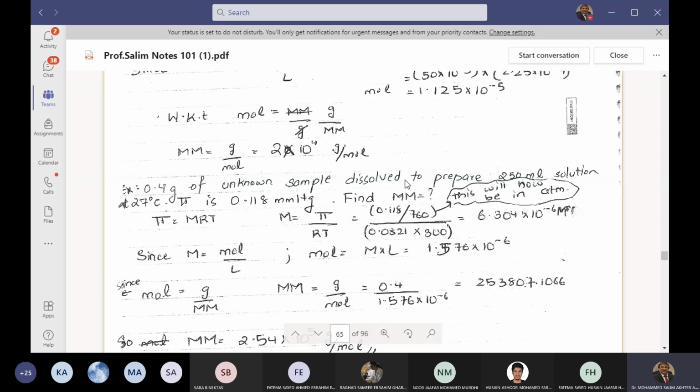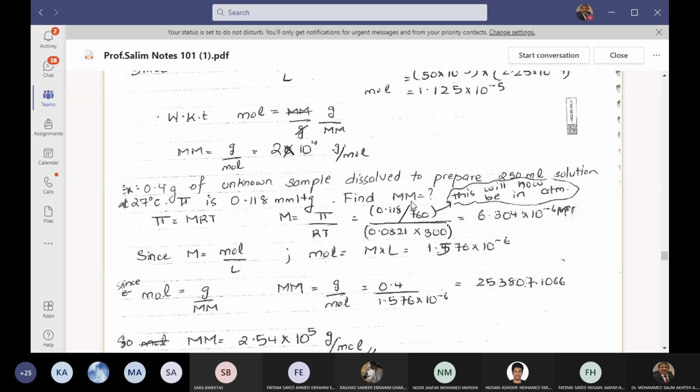Write it down completely, in water. My friend, whenever I do the correction, please do it. In water to prepare 250 ml solution at 27 degrees C, pi is this, find molar mass.